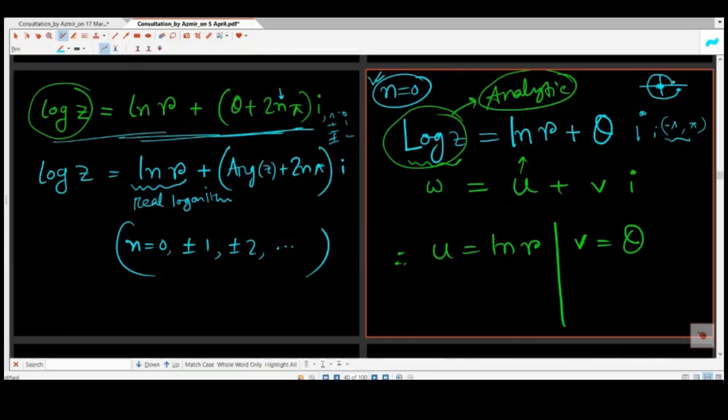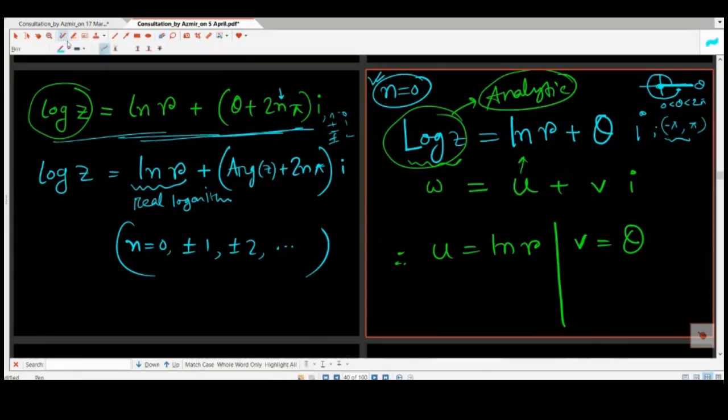That's why if this is the argument theta, theta will be restricted from 0 to 2 pi. It is not equal to 2 pi. That means if we write equal, then it will touch this line. So there is a problem. We will get a different branch. So that's why we are not using the equal sign here.